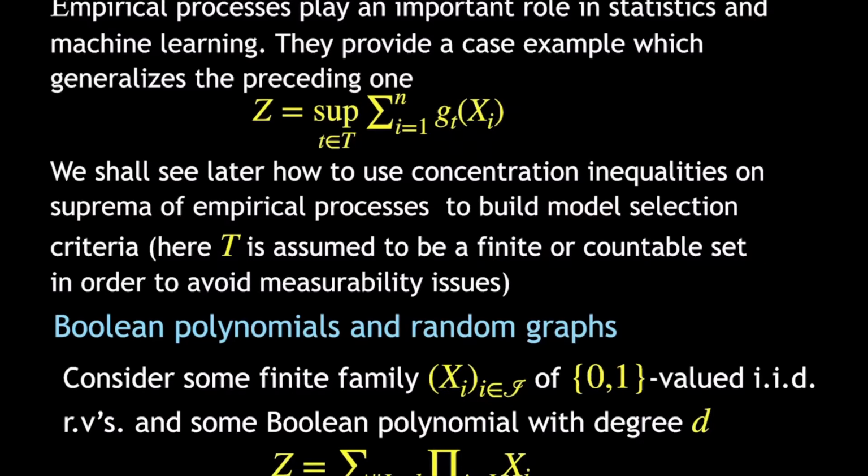We are looking at discrete random variables which are meaningful in random combinatorics.